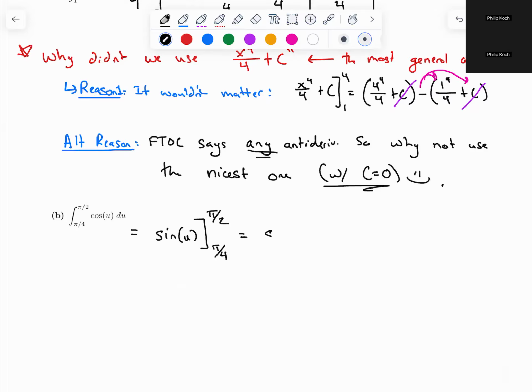So that's going to be sine of pi over 2 minus sine of pi over 4. Sine of pi over 2 is 1. That's good. Sine of pi over 4, square root 2 over 2.